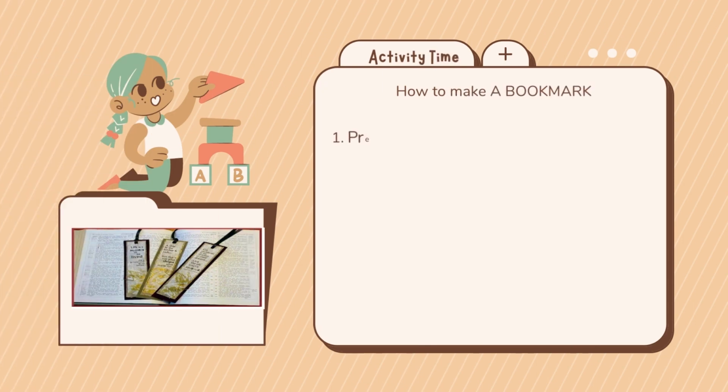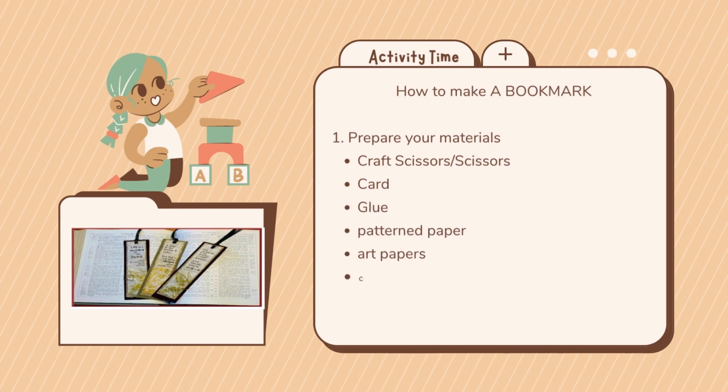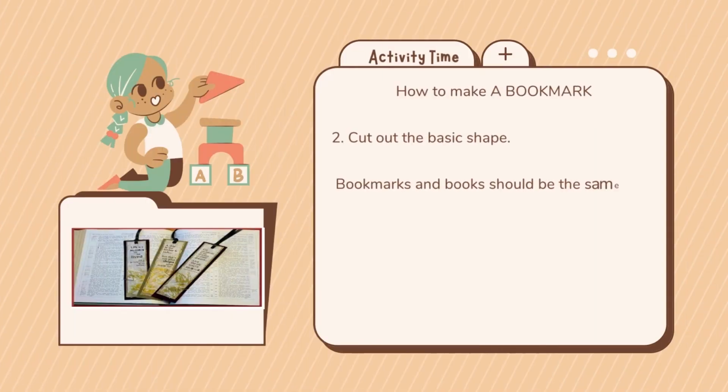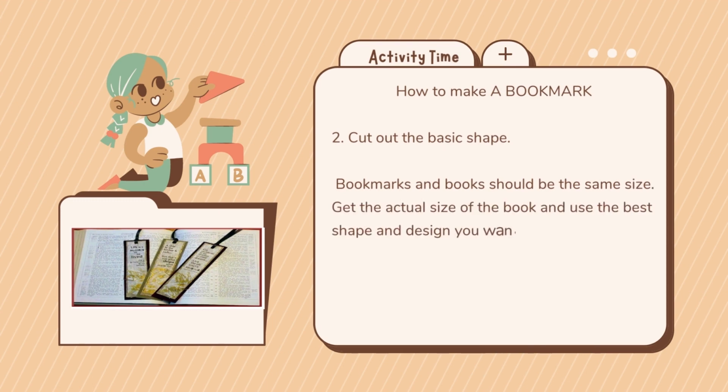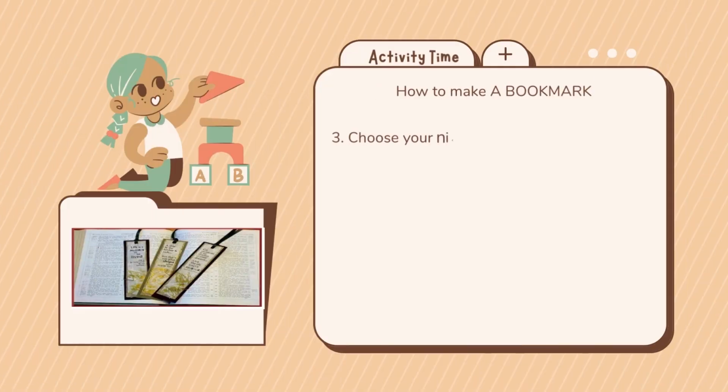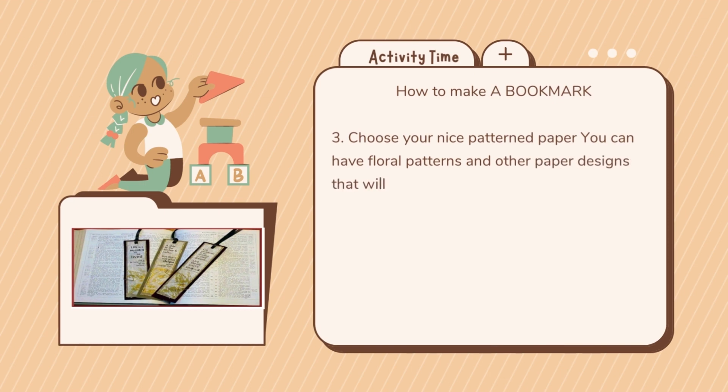How to make a bookmark. 1. Prepare your materials. Craft scissors, card, glue, pattern paper, art papers, colored pens or crayons. 2. Cut out the basic shape. Bookmarks and books should be the same size. Get the actual size of the book and use the best shape and design you want. 3. Choose your nice pattern paper. You can have floral patterns and other paper designs that will enhance your work.